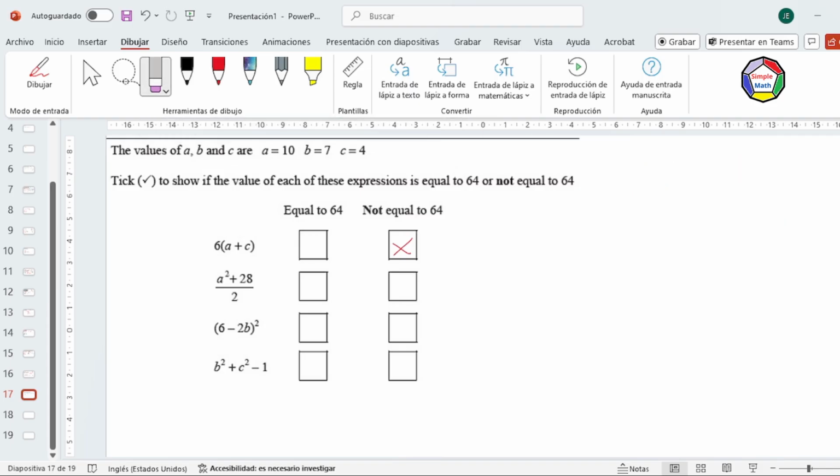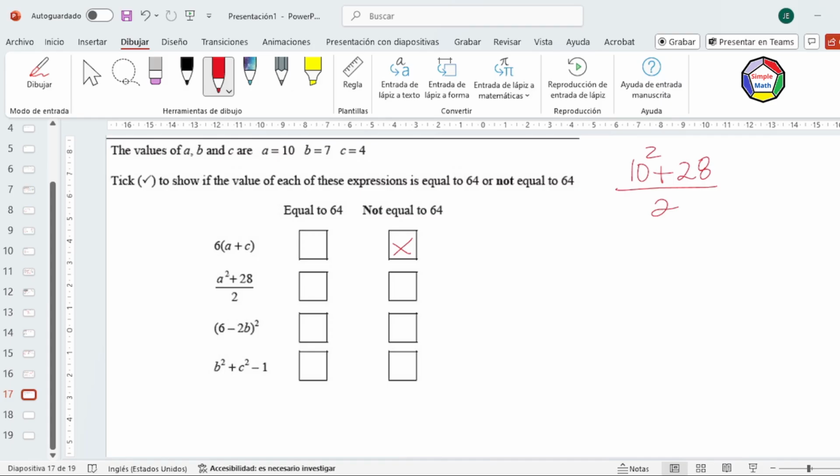Okay, let's continue with the next one. It says A squared plus 28, over 2. But remember that A is 10, so we substitute the value of A in the exercise. So we have 10 squared plus 28, over 2.